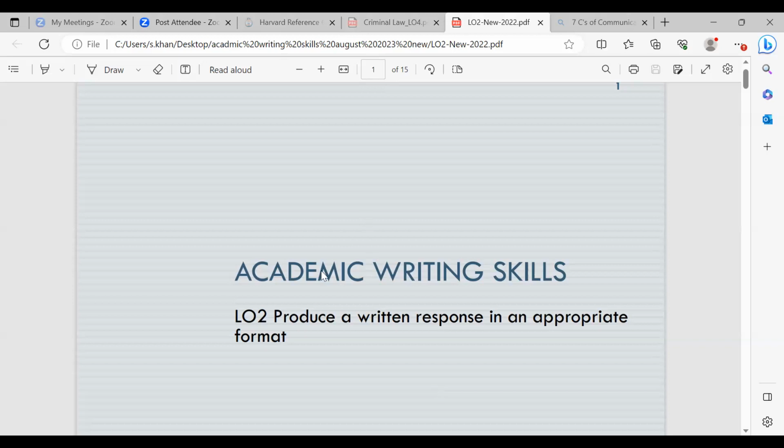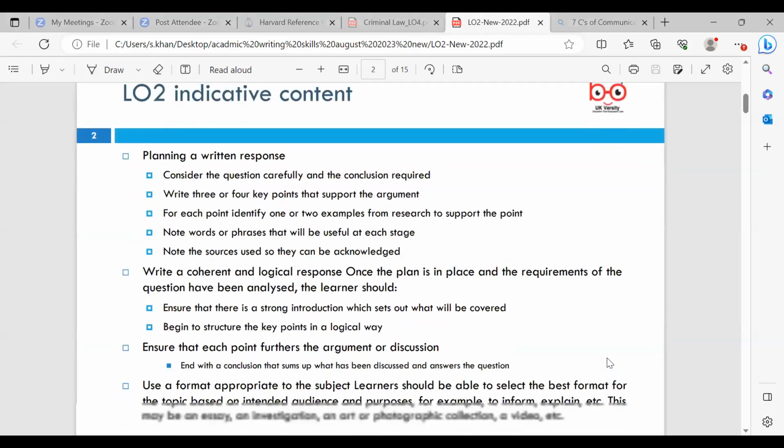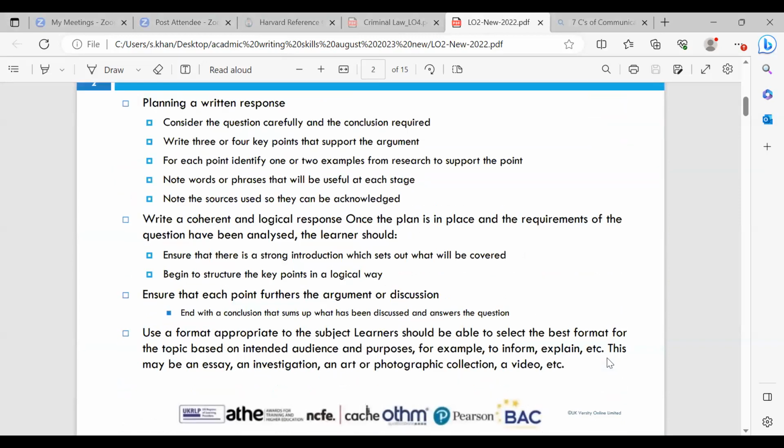So now we're going to look at learning outcome 2, which is to produce a written response in an appropriate format. Okay. So the indicative content: we're planning a written response. We're going to consider the question and the conclusion that's required.